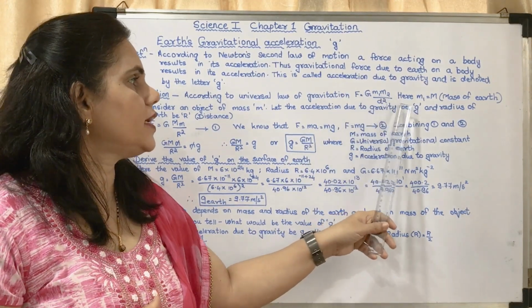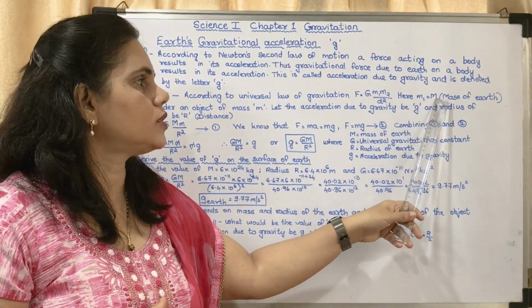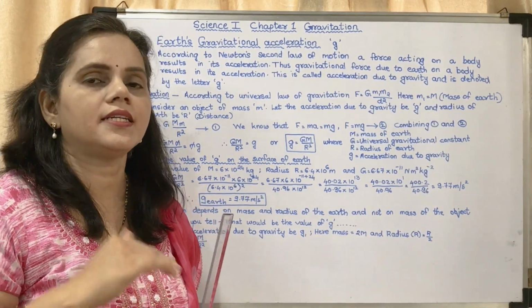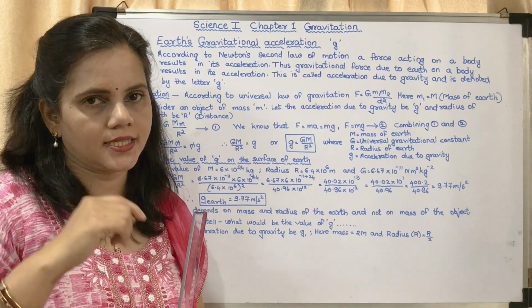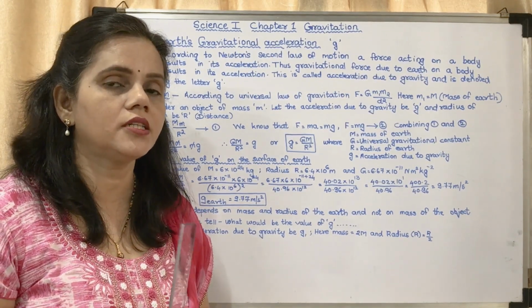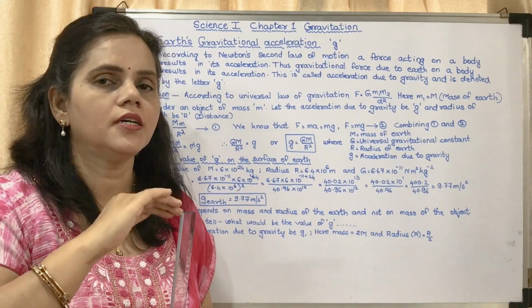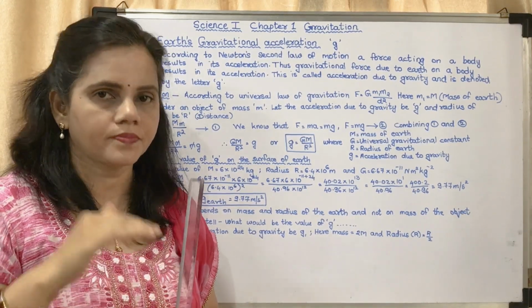So here m1 is equal to capital M, which is the mass of the earth, and what will be the distance? The distance is from the center of the earth to the surface of the earth, as the object is on the surface of the earth.